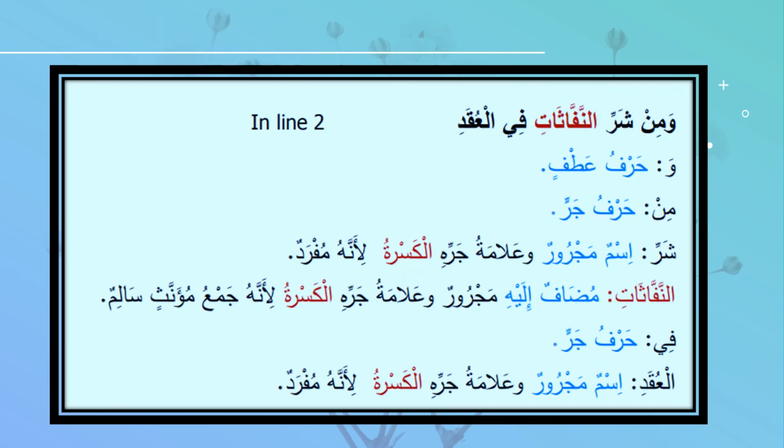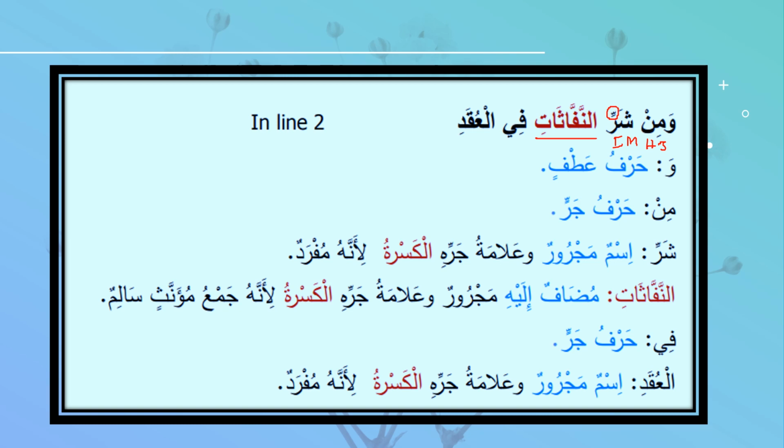This is an example of mudaf ilayhi. So first let's see the sentence. Wa is atf, min harf jar, and sharri, it comes after harf jar, it's ism majroor. And as you can see, there is a kasra here below the shadda. And sharrin nafathati. So what is the structure here?